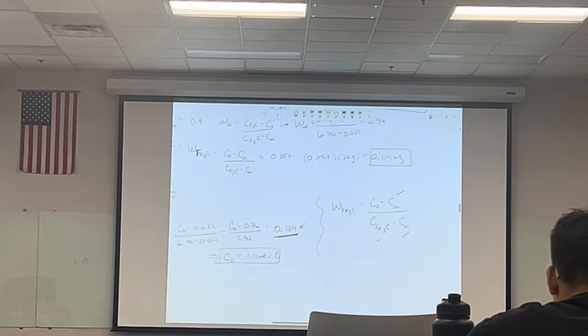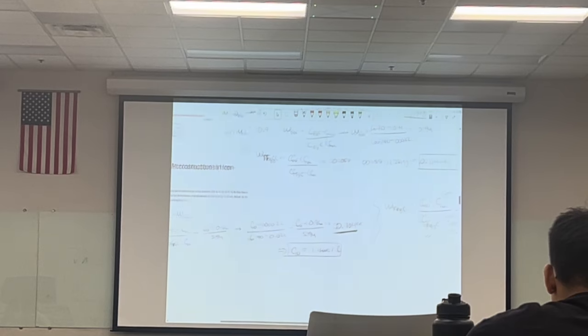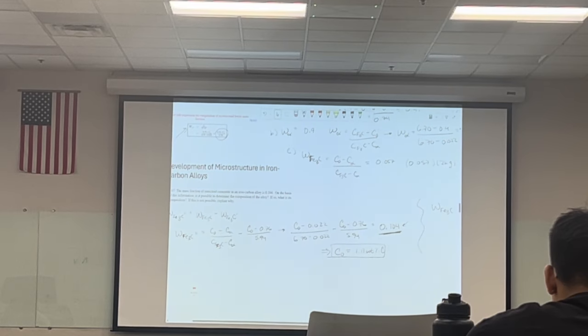This one, yeah, it's confusing. It's using different microstructure alloys to solve this one. So I guess this one is hypoeutectoid, and then the other one is, yeah, this one's a little bit of a mess. Let's try and quickly write this one.